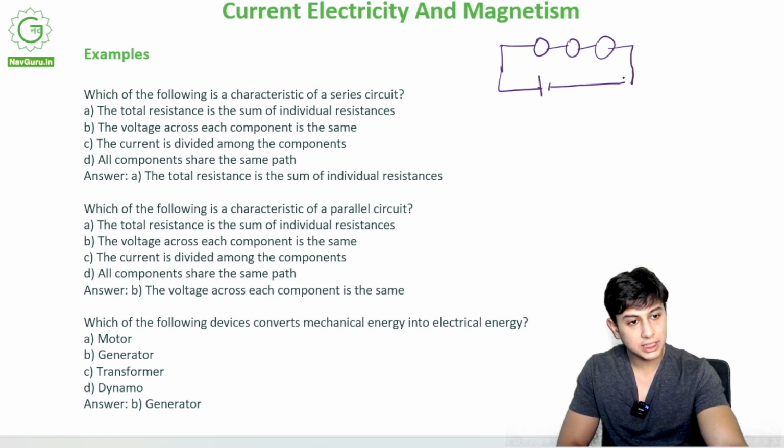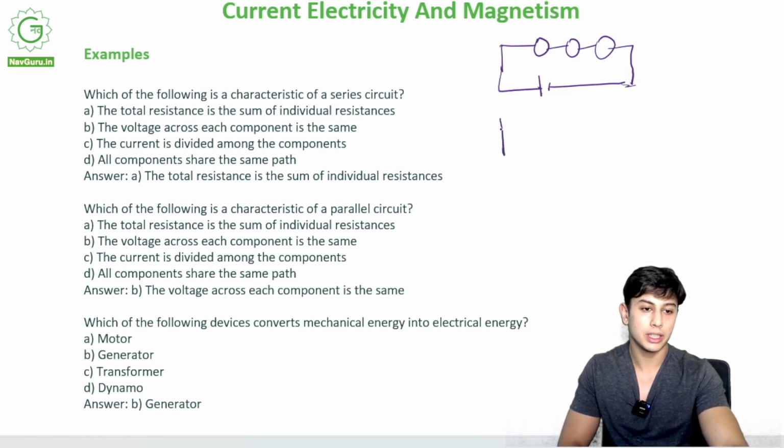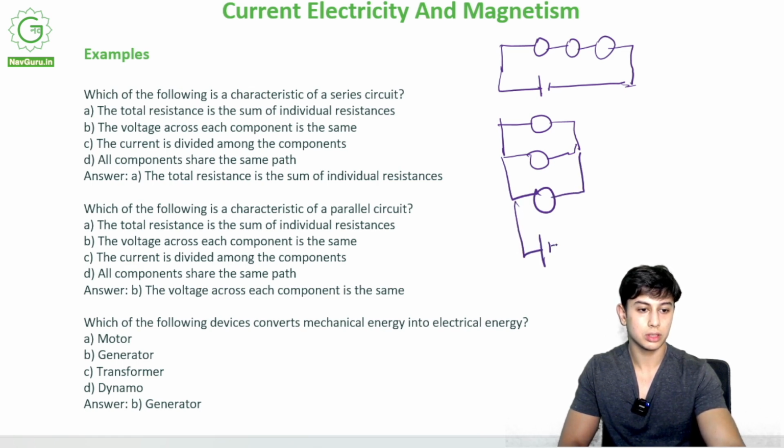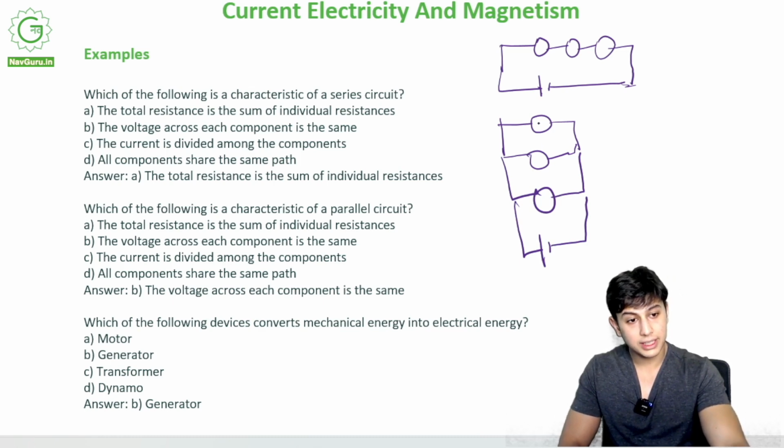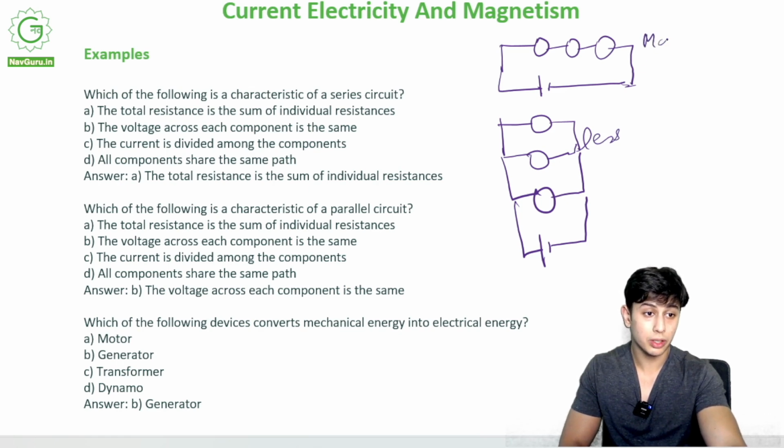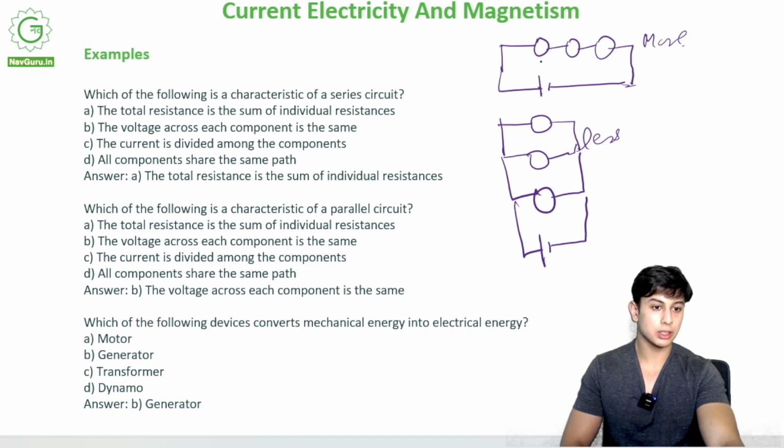If I change the arrangement and now they are connected like this, now these are in parallel, alright. Here the resistance offered to the electrons will be less, here there will be more, and also, like I'll tell you something for numerical purposes. Suppose this had a resistance of 1, this had a resistance of 1, this also had a resistance of 1.